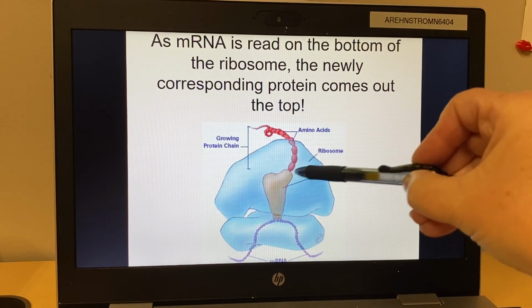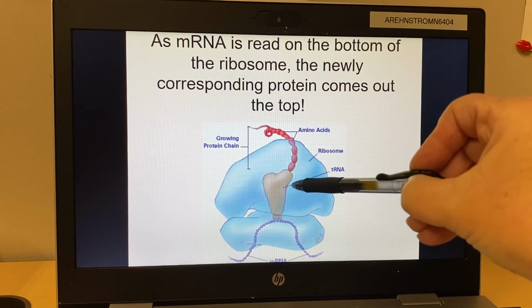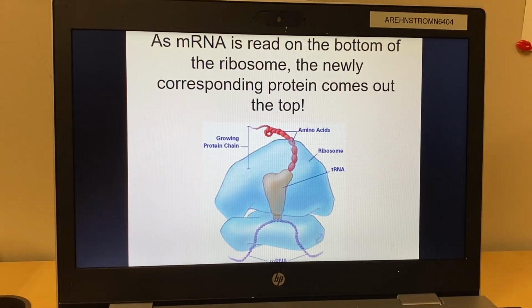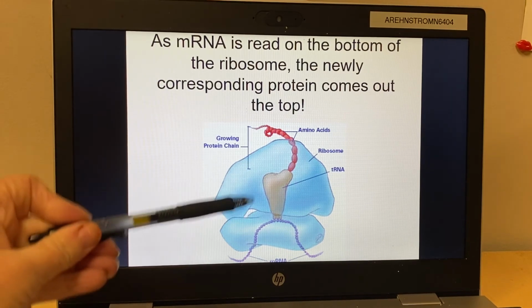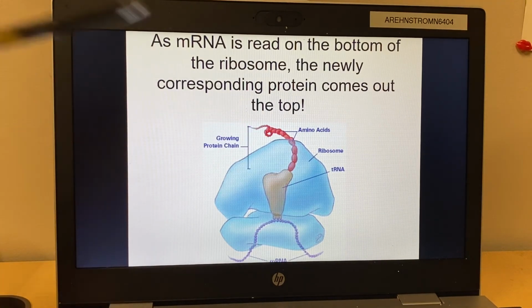It keeps that particular amino acid and hooks it on to the growing chain, and then the transfer RNA floats out and is recycled. And so when you see ribosomes going through translation on a messenger RNA, they move along 3 base pairs at a time, and then the protein actually comes out the top of the ribosome.